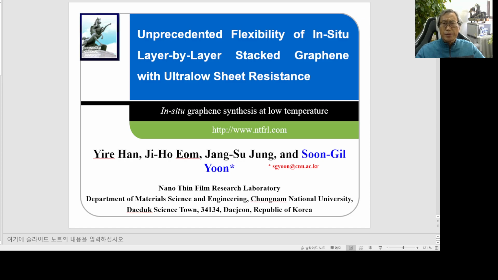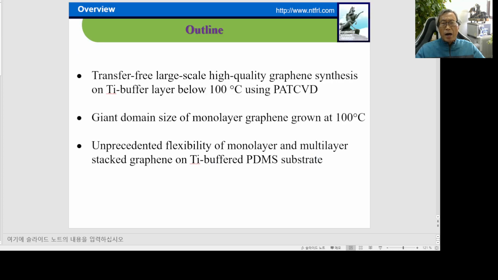Today my talk is on the unprecedented flexibility of in-situ layer-by-layer stacked graphene with ultra-low sheet resistance. First, I will describe the transfer-free, large-scale, high-quality graphene synthesis on a titanium buffer layer below 100 degrees C using PATCVD.